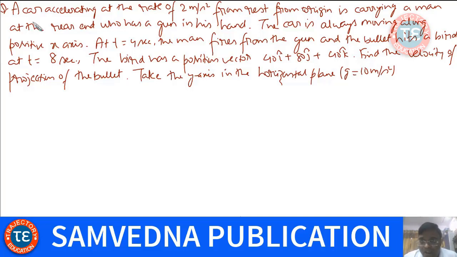At t equal to 4 seconds, the man fires from the gun and the bullet hits the bird at t equal to 8 seconds. The bird has a position vector 40 i cap plus 80 j cap plus 40 k cap. Find the velocity of projection of the bullet, and take the y-axis in the horizontal plane. It's a 3D kind of question.